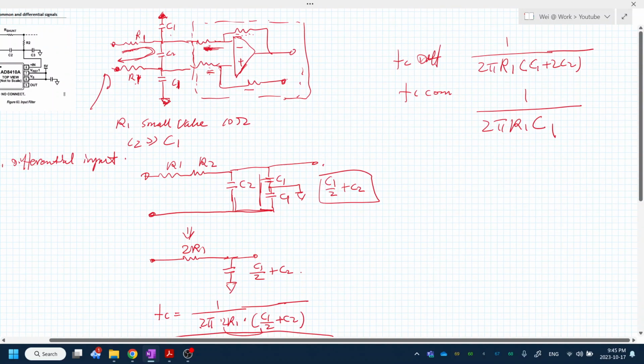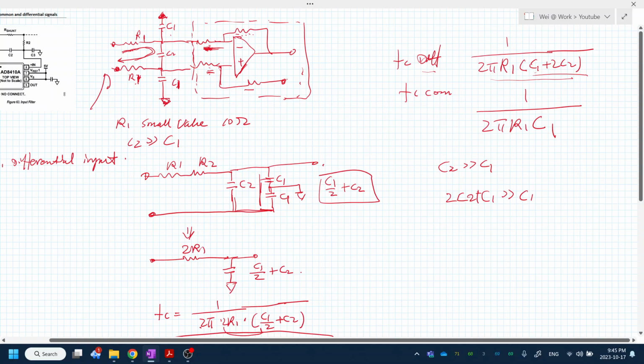Because C2, as we said, is normally bigger than C1, that means 2C2 plus C1 will be bigger than C1. So this denominator is bigger, so the cutoff frequency will be lower. That means if you choose the same values as we discussed here, the differential cutoff frequency will be lower than the common mode cutoff frequency.